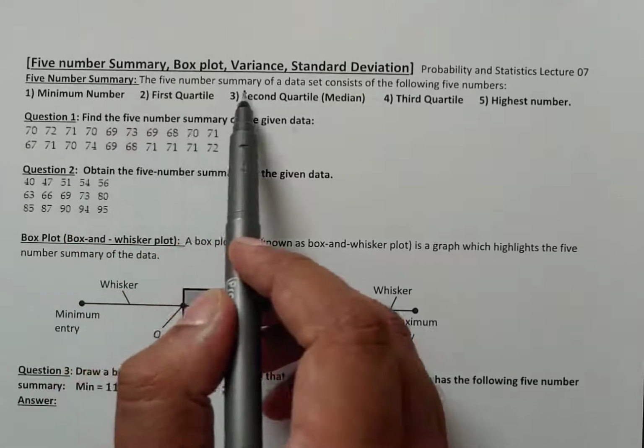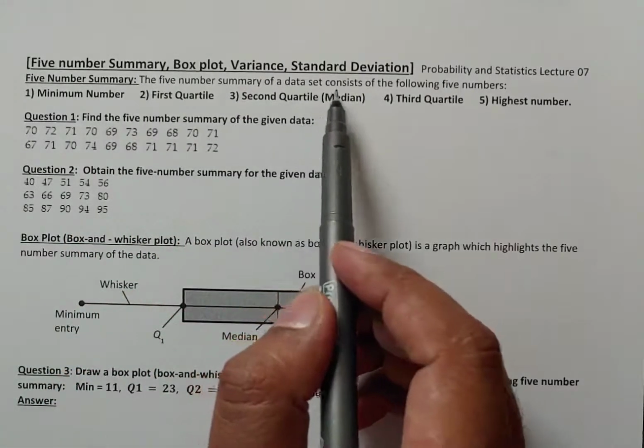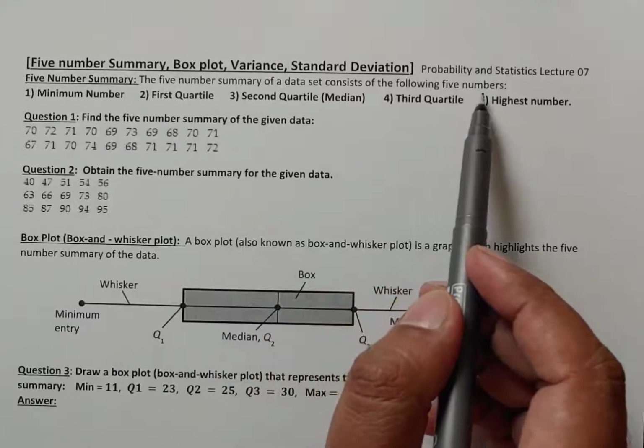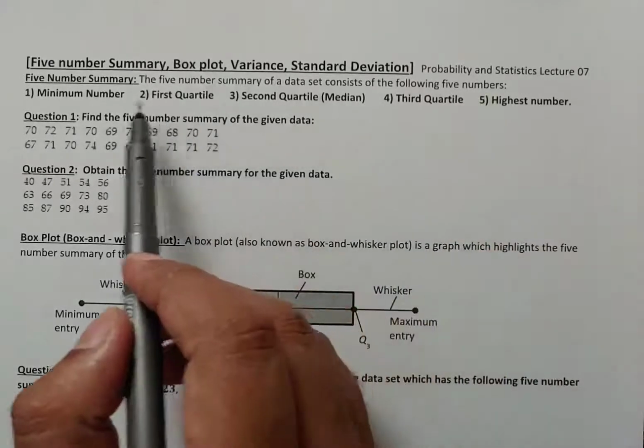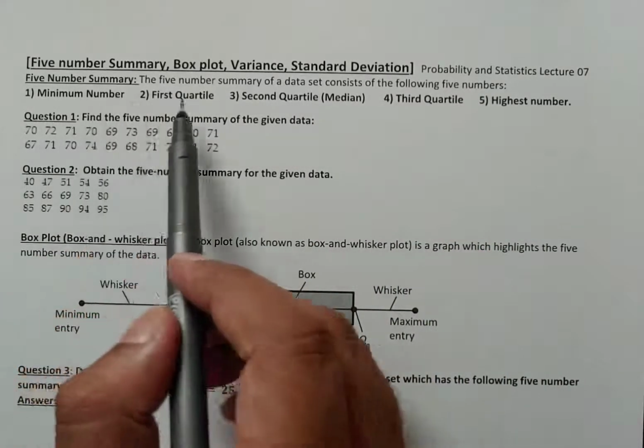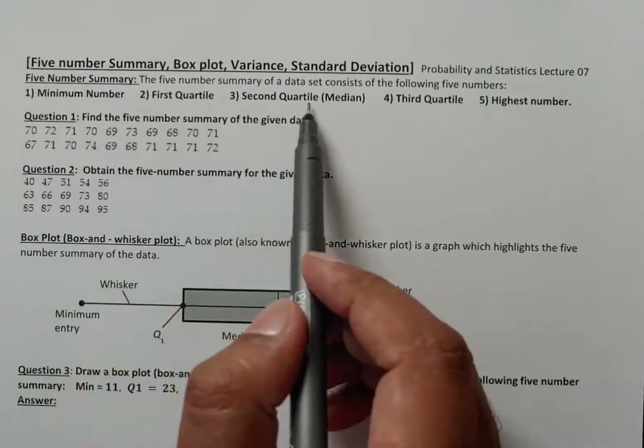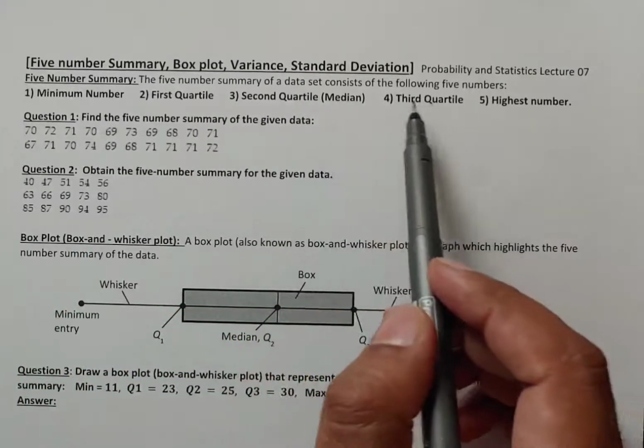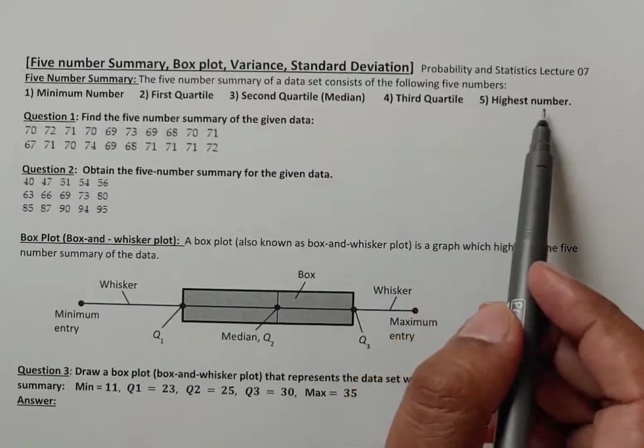The 5 number summary of a data set consists of the following 5 numbers: the minimum number, the first quartile, second quartile, which is the median, the third quartile, and the highest number.